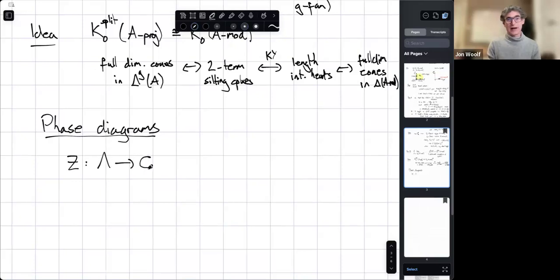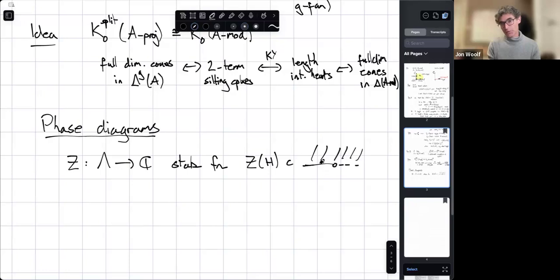So it's just a linear map from lambda to C, mapping every object of your heart H into now really this strict half plane, so either the strict upper half plane or the strictly negative real axis.